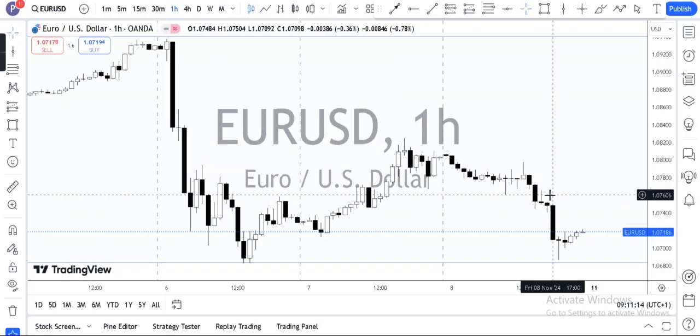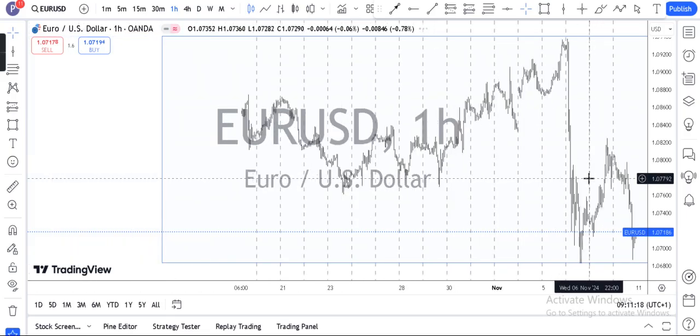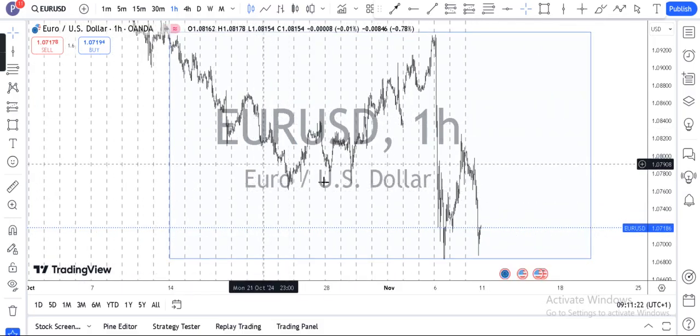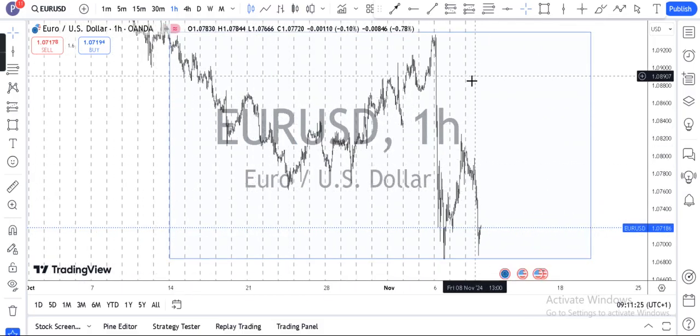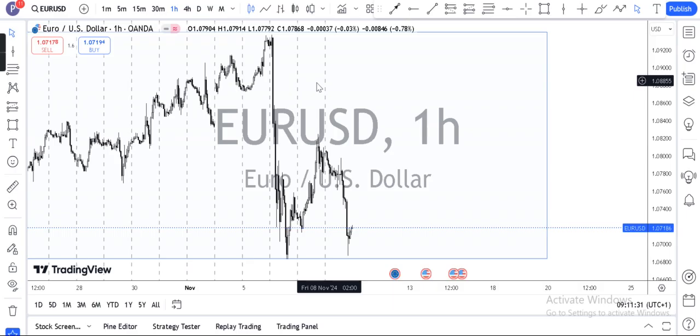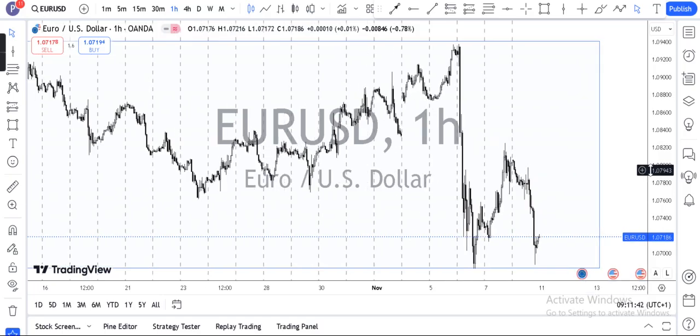Now on the 1 hour time frame, you can see that we have what we call different day demarcation. If you look at this chart now, you will see lines at the center, this line, this line, this line, all the way to the downside. Those are basically what we call a session break indicator.